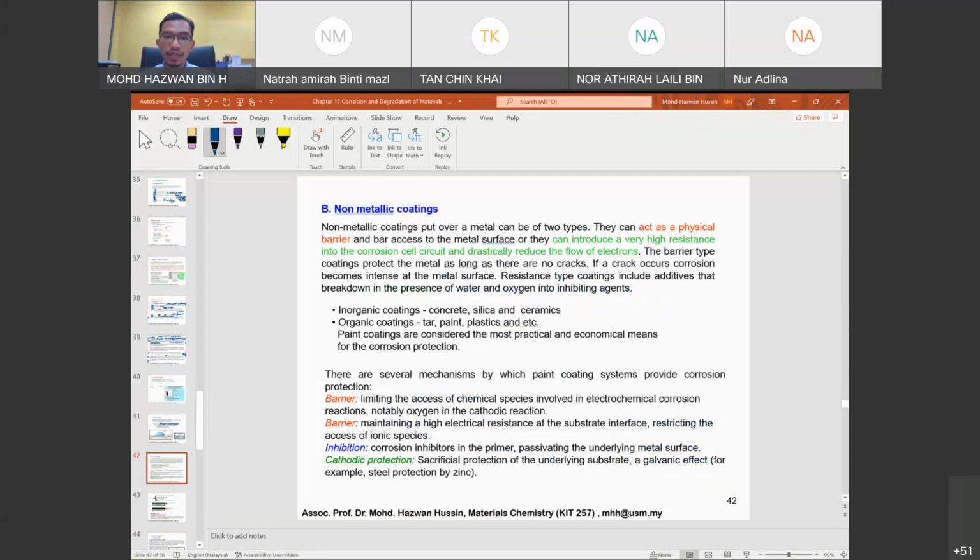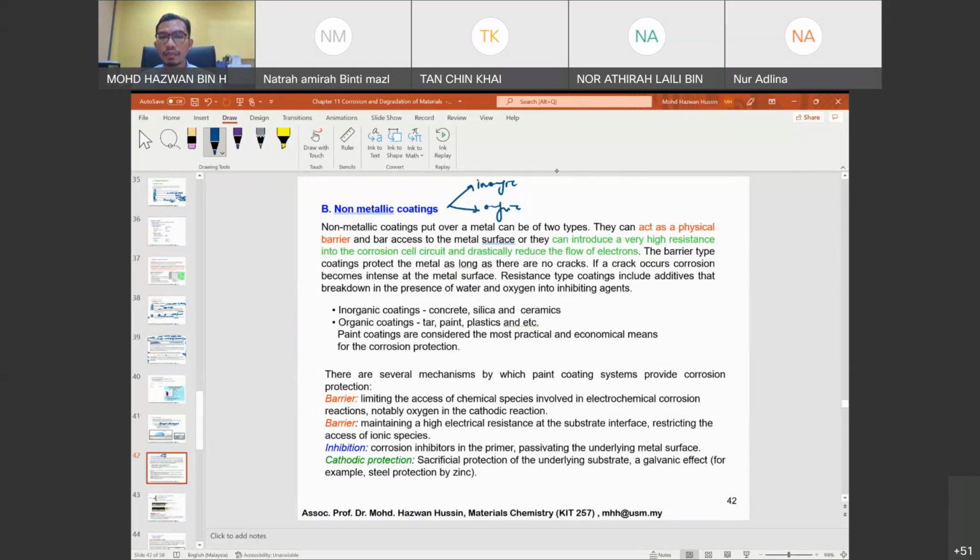Non-metallic coatings, we can categorize into two parts: inorganic coatings and organic coatings. As mentioned, the function of coating is to create a barrier. It can act as a physical barrier and bar access to the metal surface, or it can introduce a very high resistance into the corrosion cell circuit and drastically reduce the electron flow.